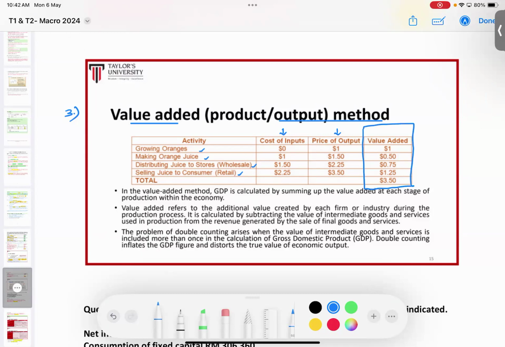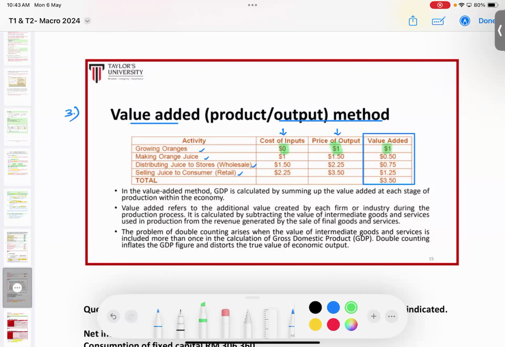Okay, so we see the difference. For example, I use 1 minus 0, I get 1.